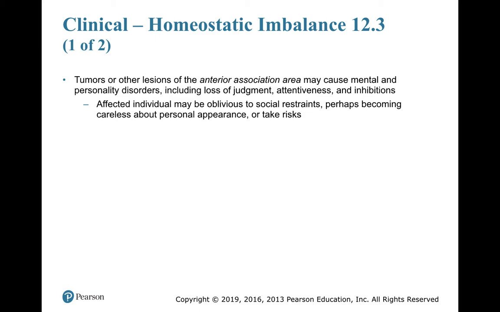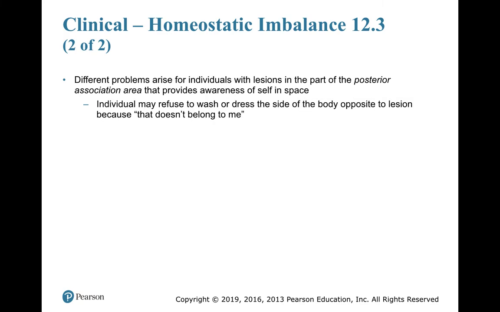Tumors and other lesions of the anterior association area can cause mental and personality disorders, including loss of judgment, loss of attentiveness, loss of inhibitions. Affected individuals may be oblivious to social restraints, becoming careless about their personal appearance, or may take unnecessary risks.